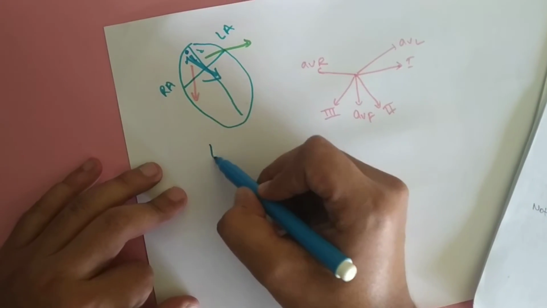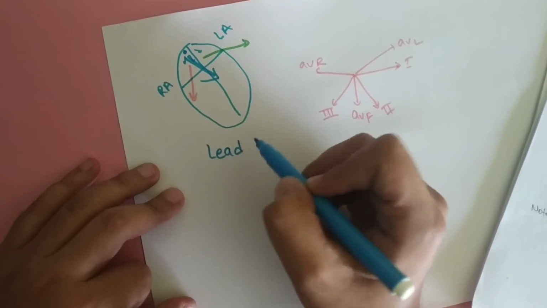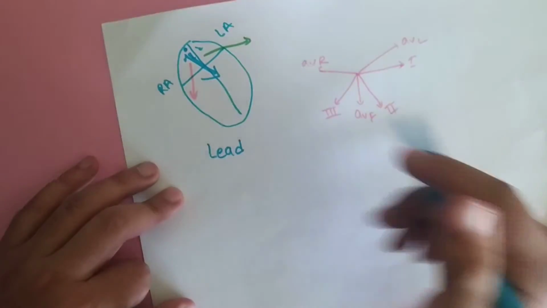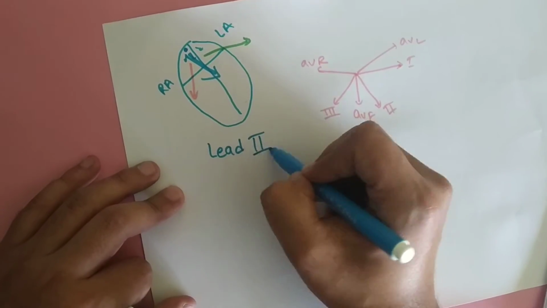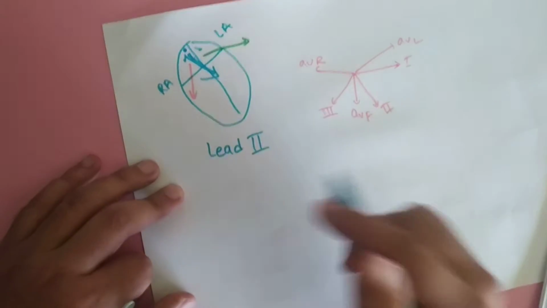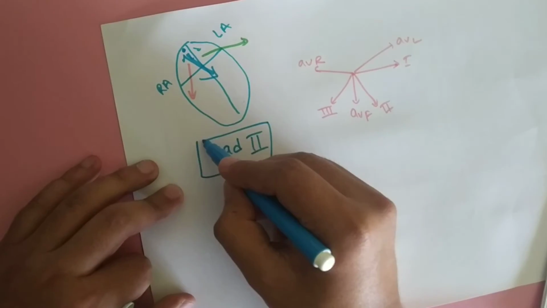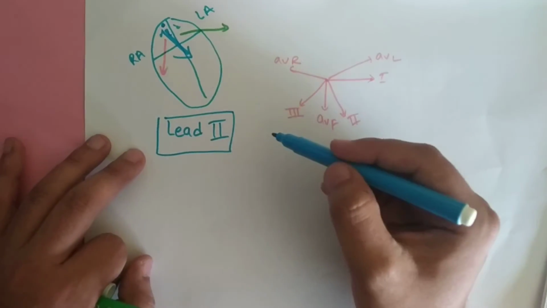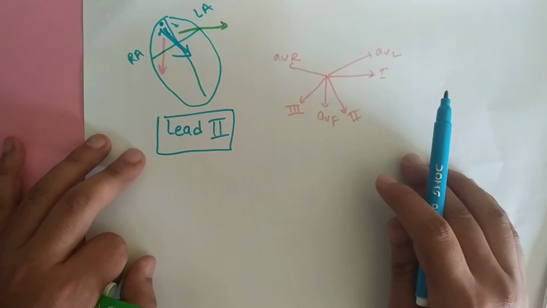So always, to find any atrial pathology or to see the P wave, it's good to look at lead 2. This we have discussed, which lead to look at mainly, and then again discussing atrial depolarization.